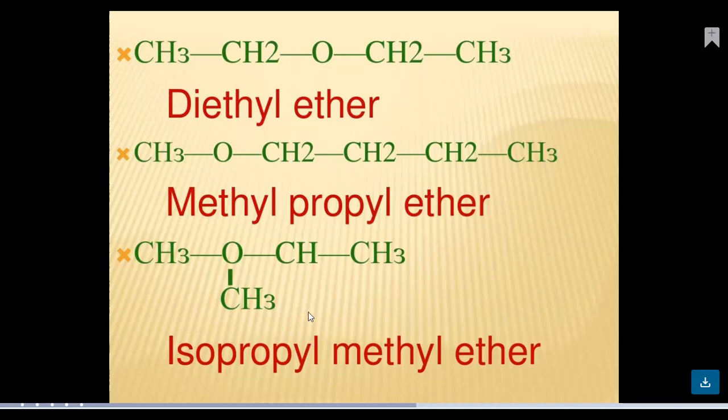If I have to name it with the IUPAC name, the accepted name, this is going to be methoxy isopropane, okay? Or you can also call it 2-methoxypropane. That could work too.